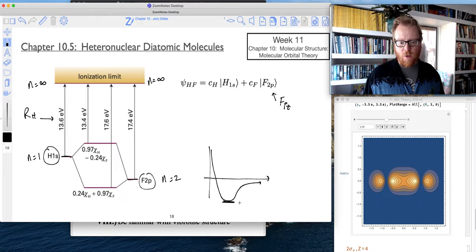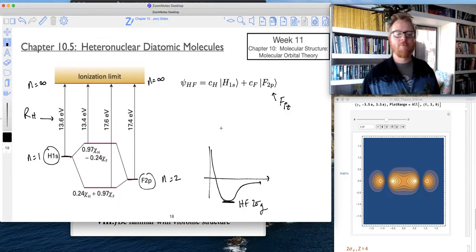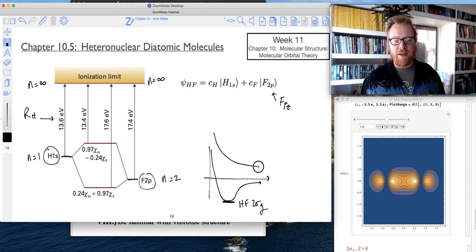Down there would be the HF 2 sigma g, and then somewhere way up here would be its anti-bonding orbital, the HF 2 sigma u.